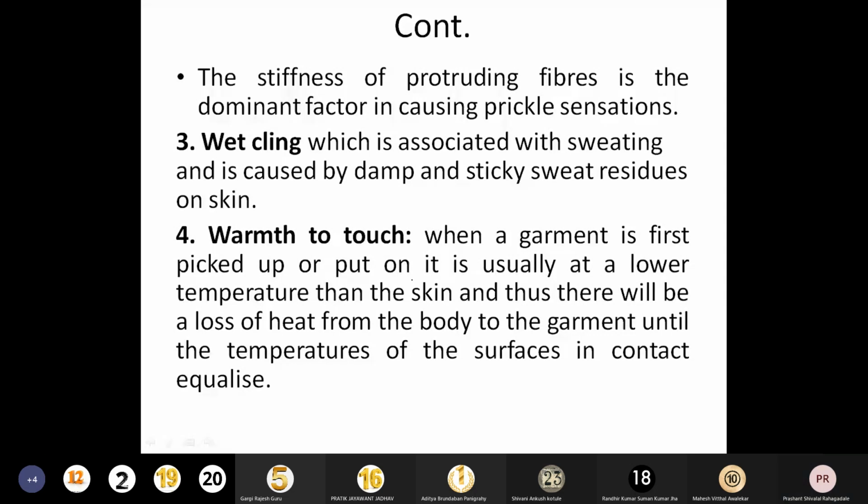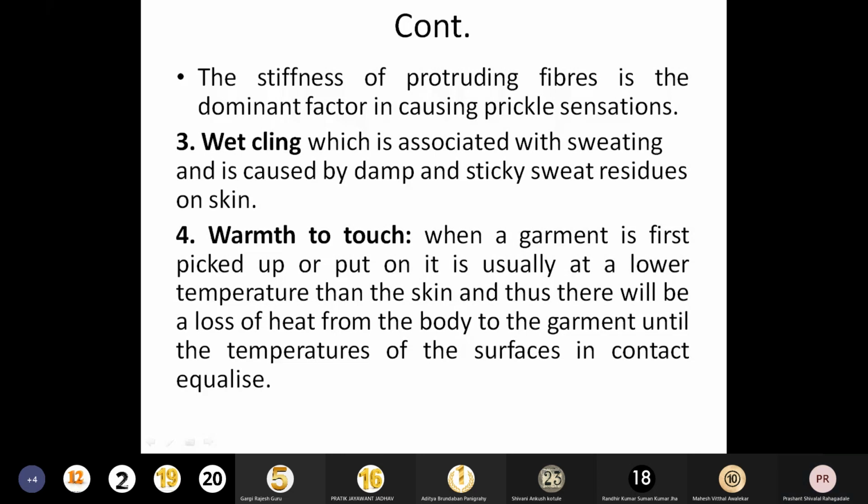Suppose you are wearing a garment, and initially when we put the garment on our body, you will find that that particular garment has a lower temperature than the skin. अभी ये होता है शर्ट अगर आपने टंगाया हुआ है, अभी तो रेनी सीजन is more often और विंटर सीजन में ये बहुत ज्यादा फील होता है. क्यों?